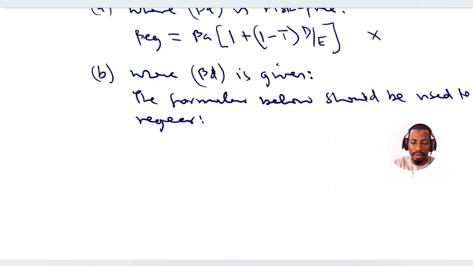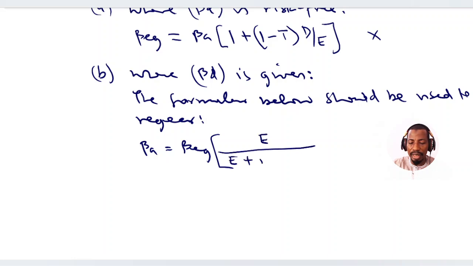What is the formula? Same formula you have up there: beta asset equals beta equity of a gear multiplied by equity value divided by equity value plus debt value (1 minus tax).